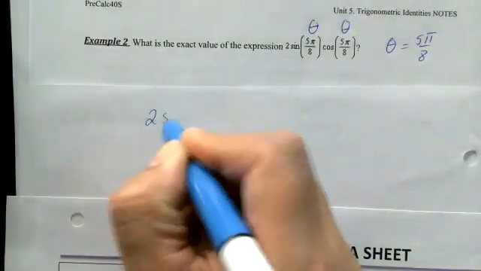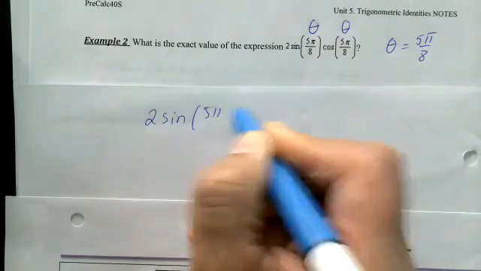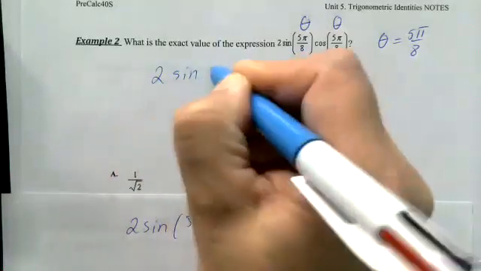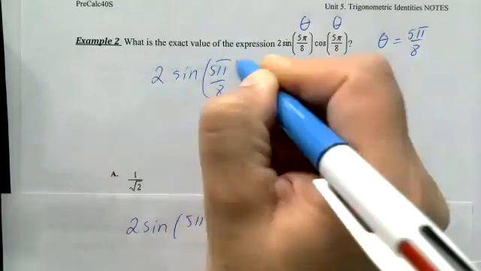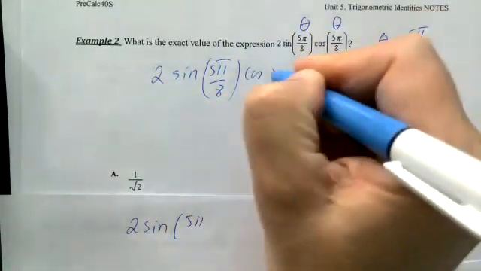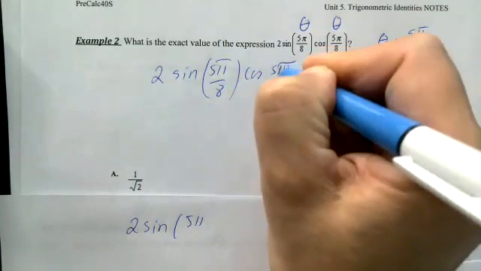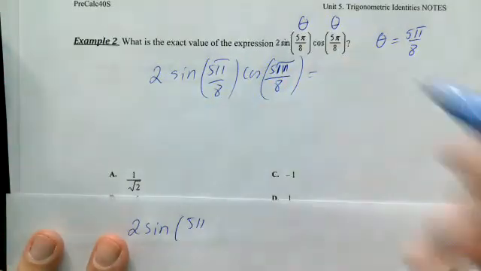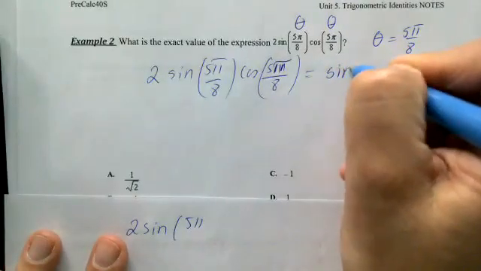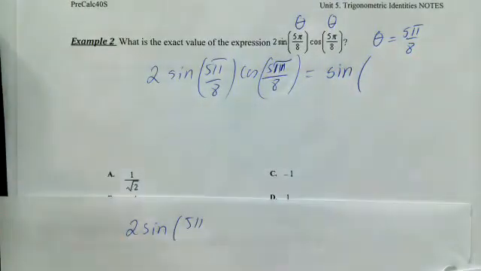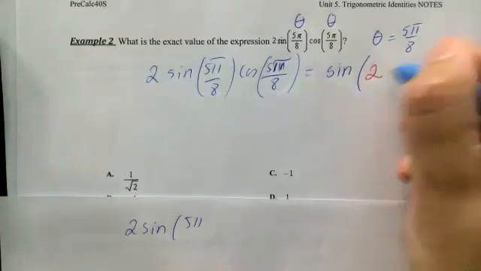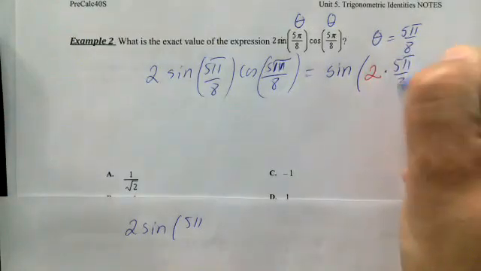We say 2 sine of 5 pi... Let me write in the notes. 2 times sine of 5 pi over 8 cos of 5 pi over 8 is the double angle formula for sine, right? So sine of double theta. So 2 times 5 pi over 8.